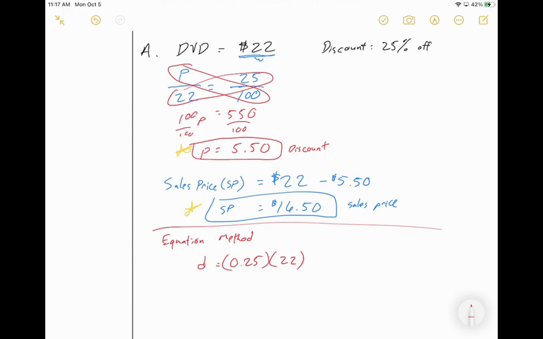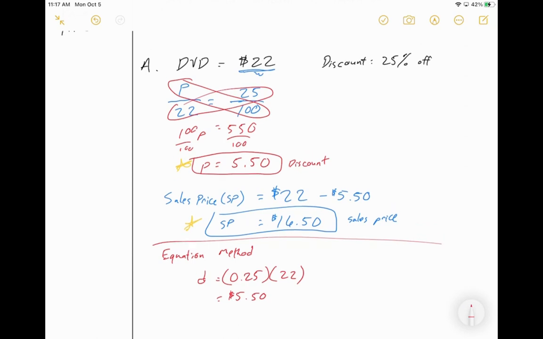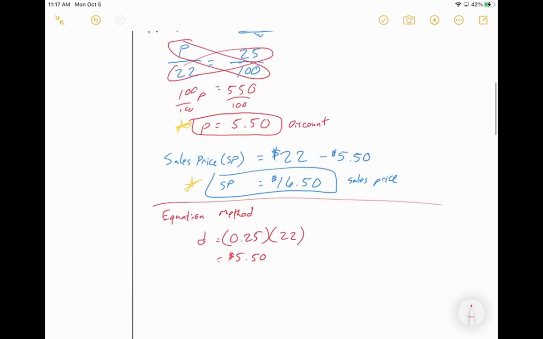So I do that, and this is going to get me my $5.50. And then I subtract again. In my mind, this is just a little bit faster, but if you like to do the proportion instead, then do the proportion instead. So my sales price is equal to 22 minus $5.50, which is equal to $16.50.